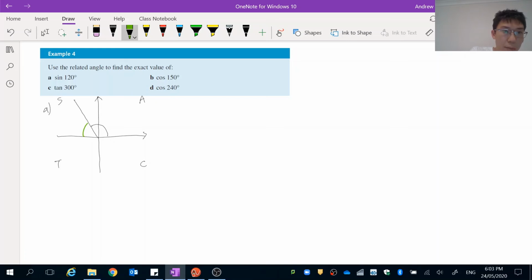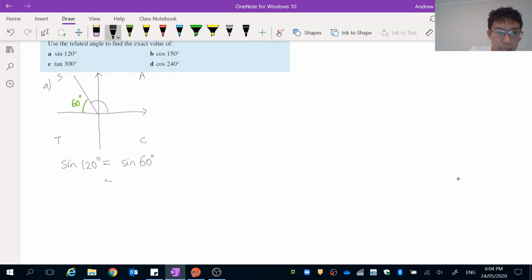That's 60. You want that because 60 degrees is in your exact value table. So sine 120 will have the same value as sine 60. It's going to stay positive because we're in the S quadrant. And sine 60 has a value of root 3 on 2. And we're done.